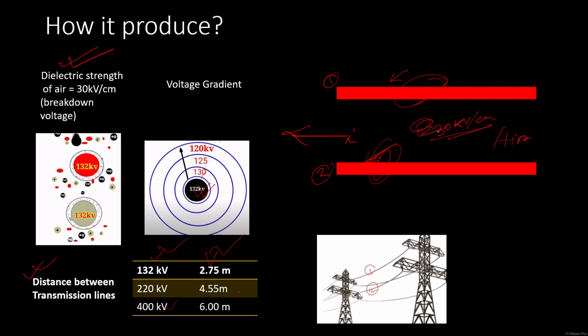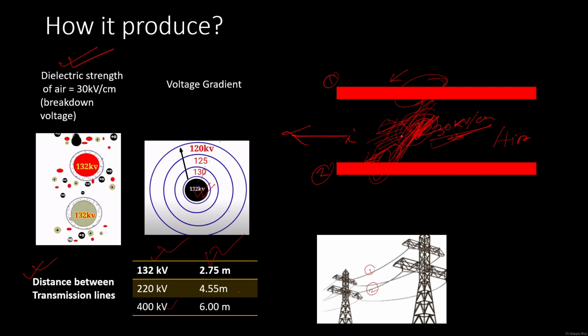If it is lower than 30 kV per centimeter, normally at that time air works as an insulator, but when it crosses 30 kilovolt per centimeter, then it starts ionizing itself and current starts flowing through it. It's not at that high voltage but lower, but still current is flowing through it.